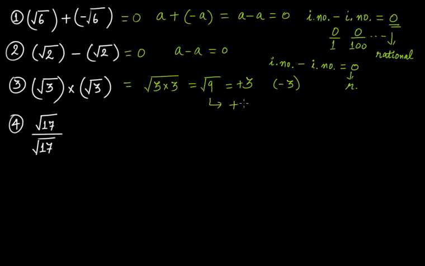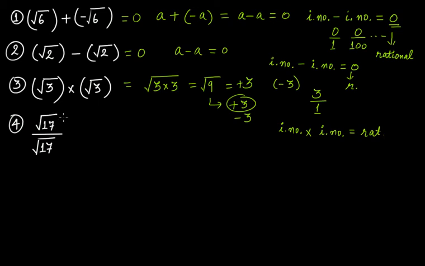So we are ignoring the negative number and just focusing on the positive number. So again, 3 is a rational number, because we can write 3 as 3 divided by 1. It's in the form of a rational number. So again, irrational number multiplied by irrational number is equal to a rational number, right?